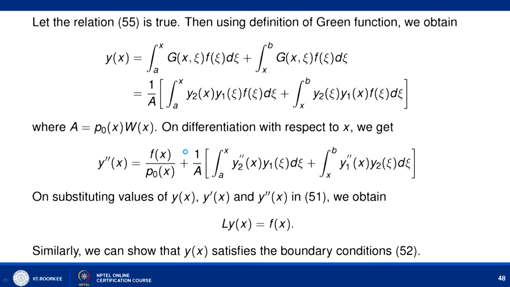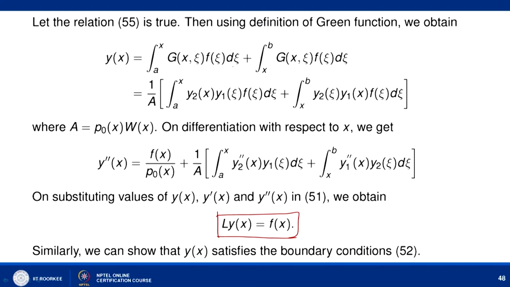So we have to show that if y(x) is given by this, then it satisfies Ly = f(x). For that, let us write y(x) equal to the integral from a to x of G(x, xi) f(xi) d xi plus the integral from x to b of G(x, xi) f(xi) d xi. Here we have just split it into two parts depending on xi: xi less than or equal to x, and xi greater than or equal to x.